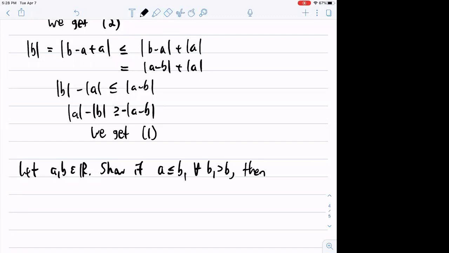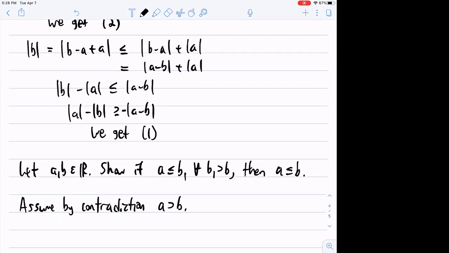Hopefully you all see that. Then A is smaller than or equal to B, right? Okay. How are we going to approach this? Let's assume by contradiction A is bigger than B, right?